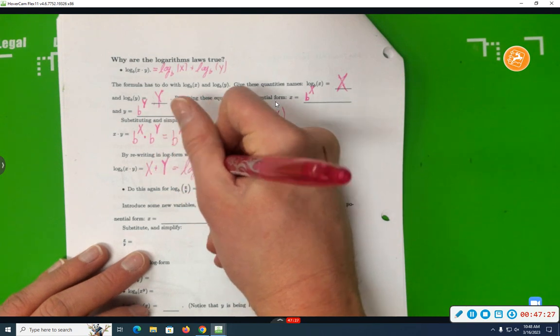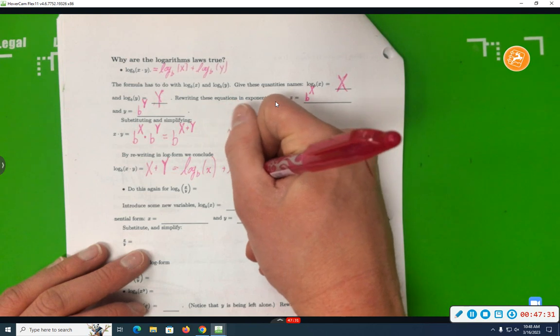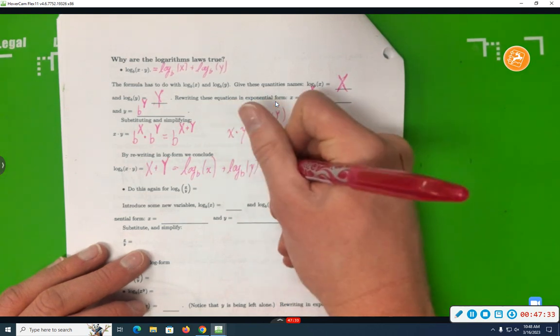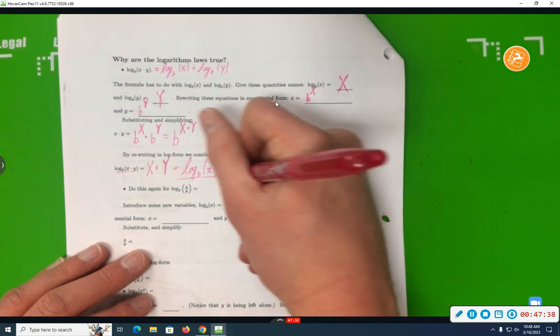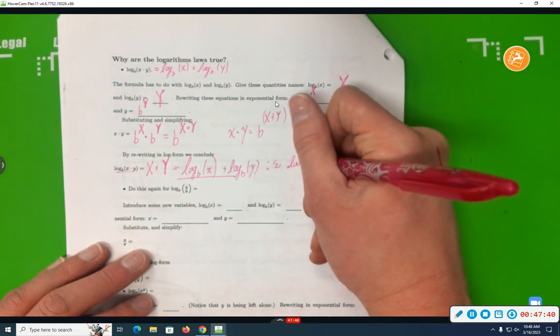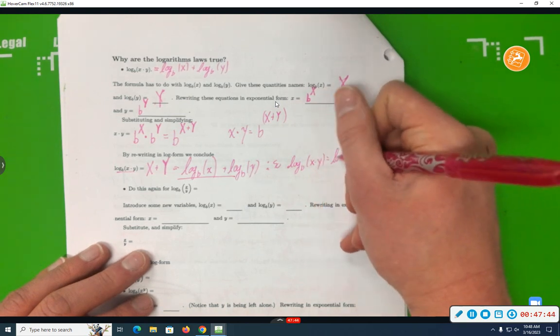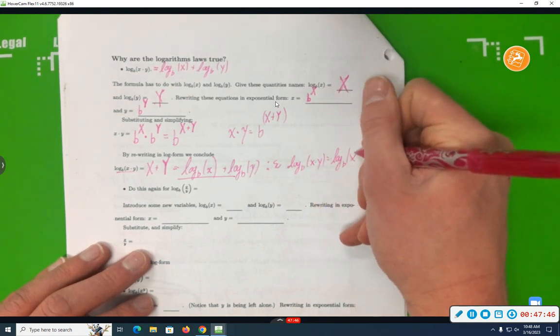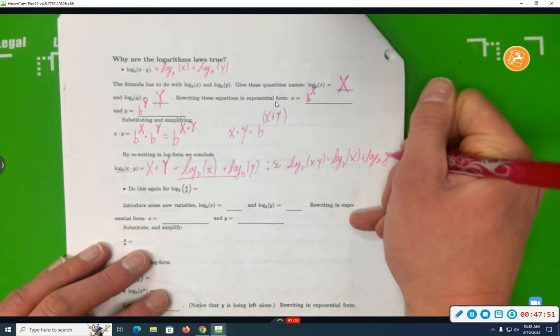So that's log base b of little x plus log base b of little y. And now let's just put the conclusion. So this is equal to that. Log base b of x times y is equal to log base b of x plus log base b of y.